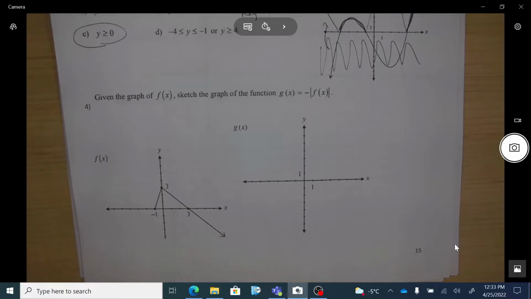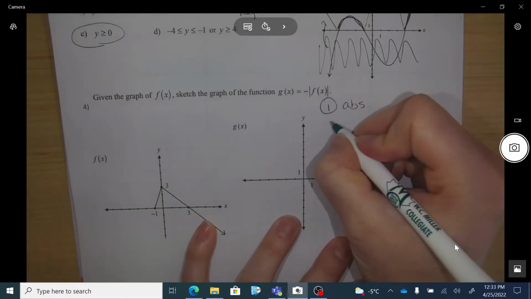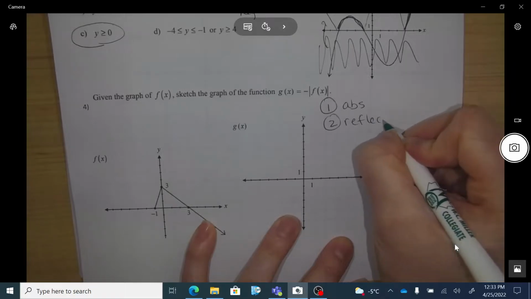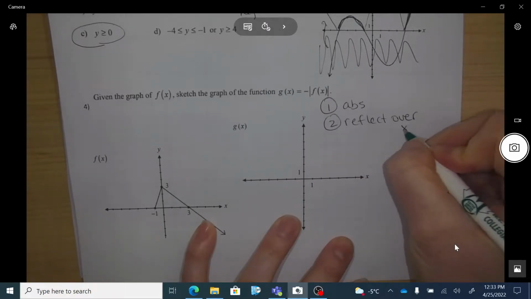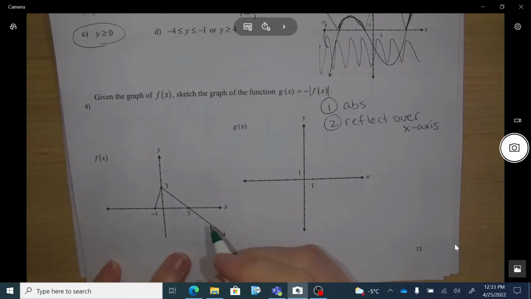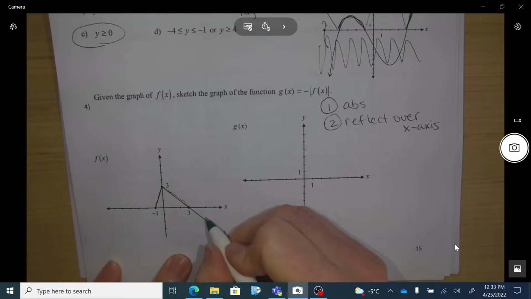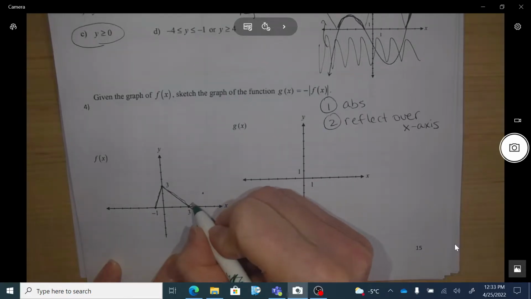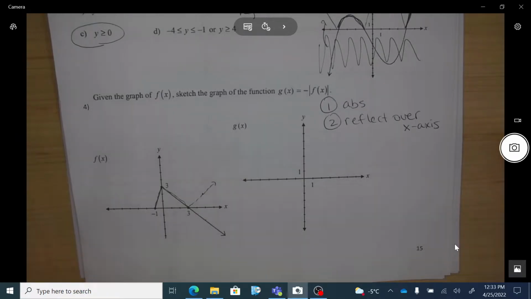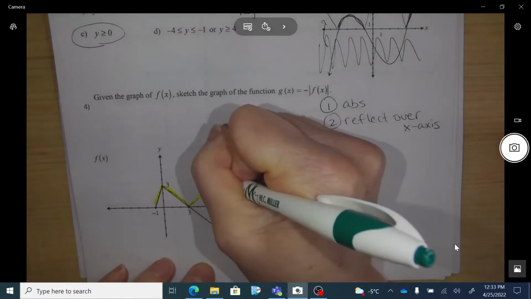Number 4, sketch the graph of this. Okay, so we are going to absolute first, and then we're going to reflect over the x-axis, because that's an A, so we're going to do it in that order. Okay, so absolute, this part would stay, and then this part would change. So this is the absolute.